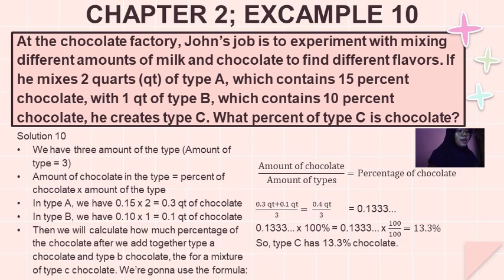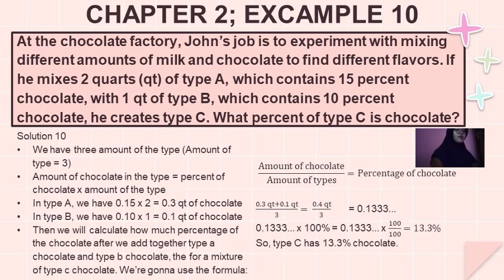In type A, we have 0.15 times 2 equals 0.3 quart of chocolate. In type B, we have 0.10 times 1 equals 0.1 quart of chocolate.